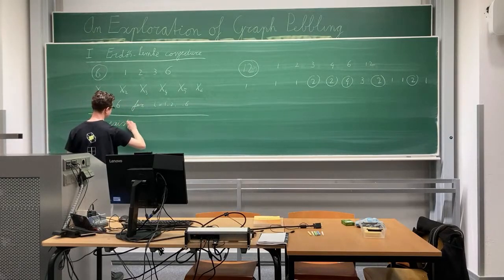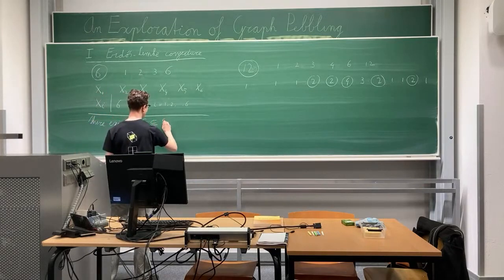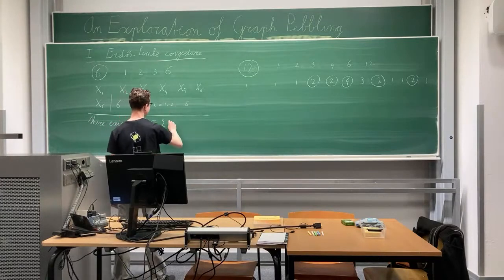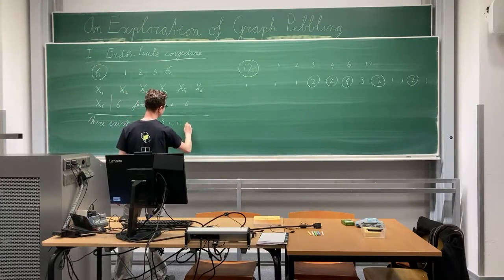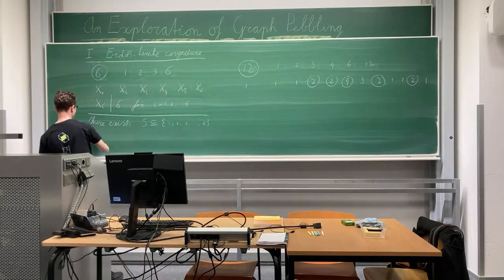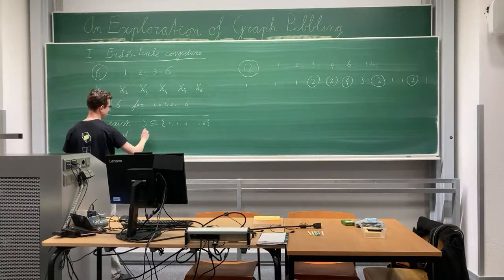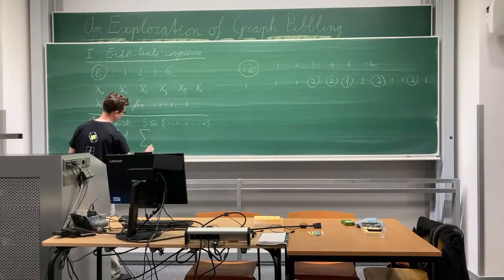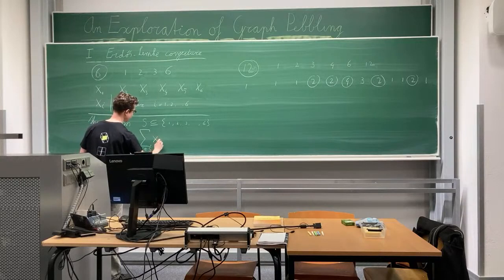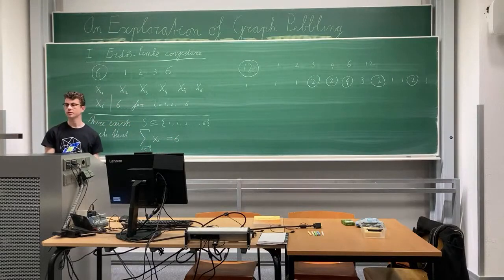There exists a set S, which is a subset of all the possible positions in this list, 1, 2, 3, up to 6, such that the sum of all those xi's that we pick is equal to 6. Does that make sense to everyone?